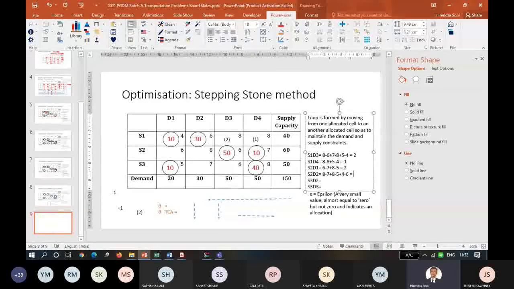So net effect is 8 minus 7, 1 plus 8 is 9. 9 minus 5 is 4. 4 plus 4 is 8. 8 minus 6, 2. Clear? Yes, sir. Okay.